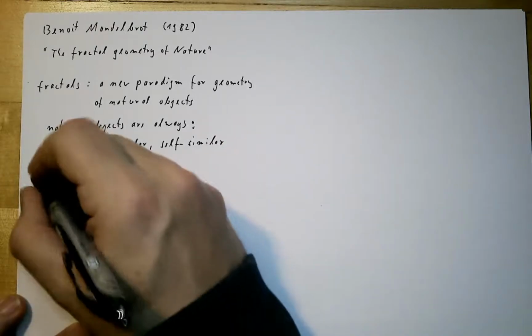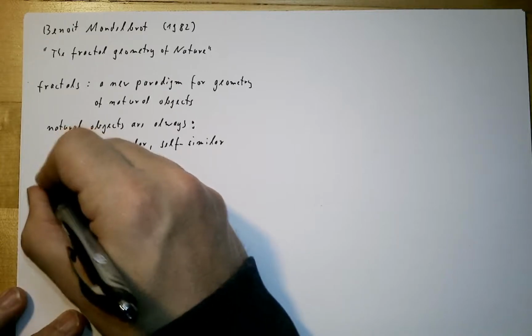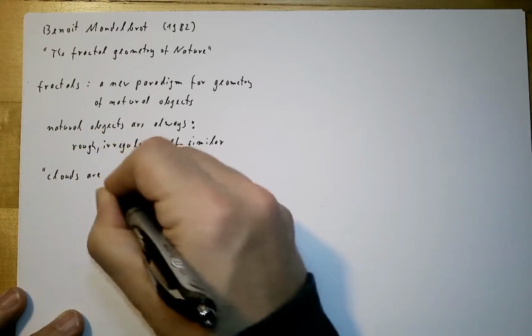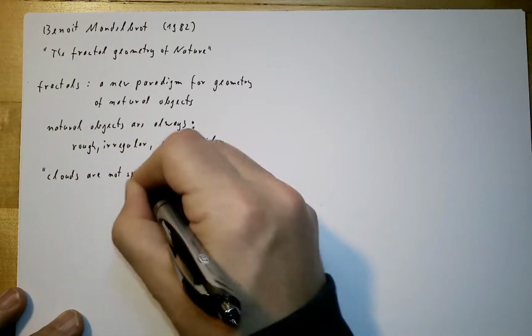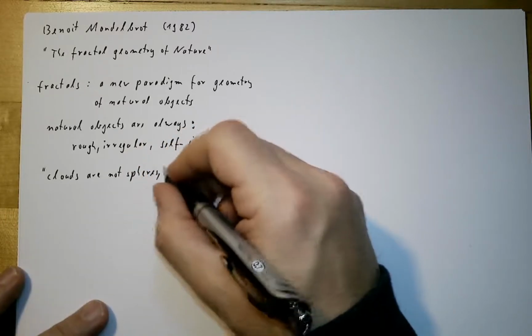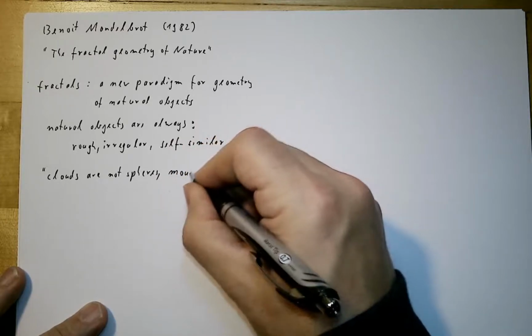And so Mandelbrot then said this famous thing, that clouds are not spheres, and mountains are not cones.